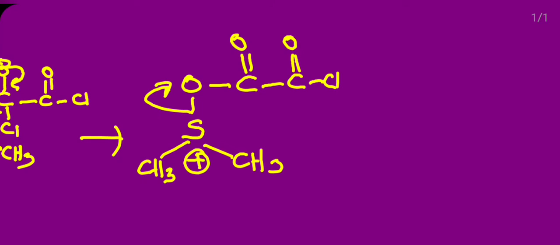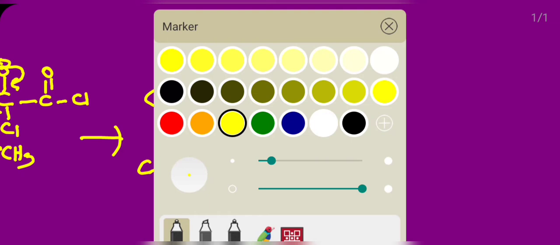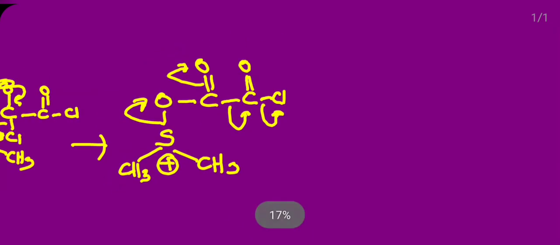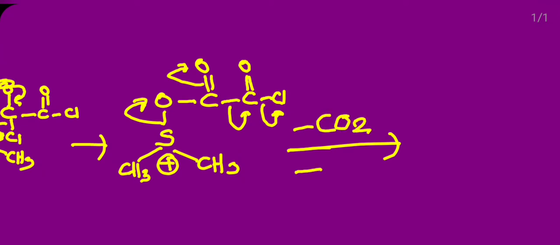After that shifting, this bond will shift over here. While neutralizing that bond, this CO will be free over here and this Cl will also be free. As this Cl becomes free, it will come towards our sulfur. There will be the elimination of one molecule of CO2 and one molecule of CO.